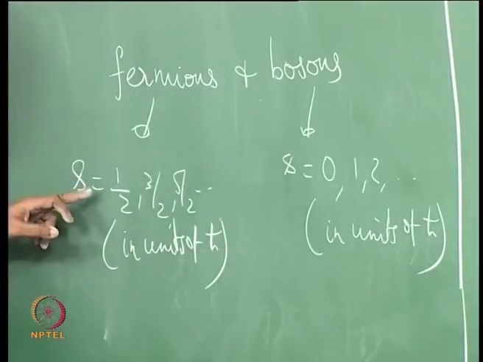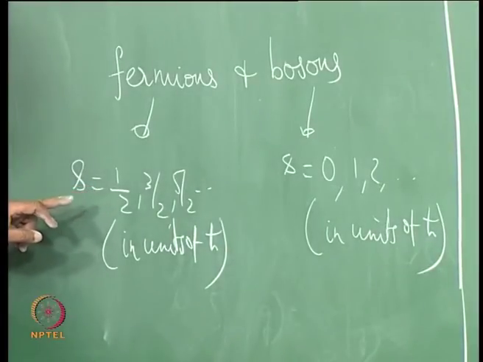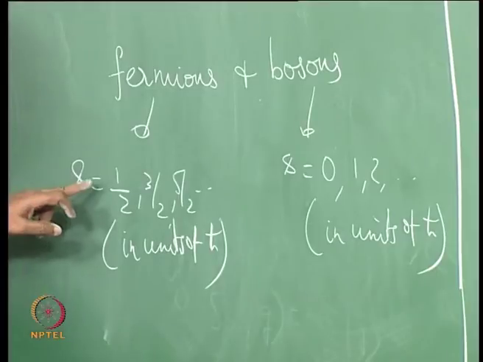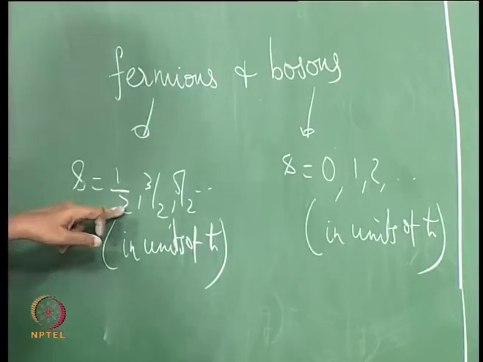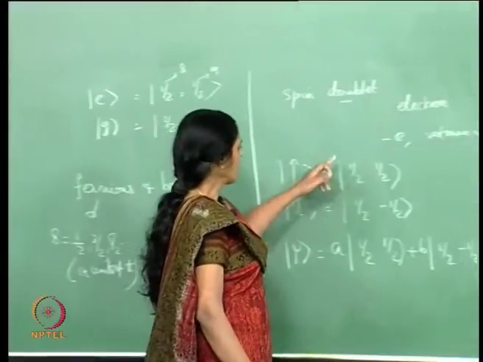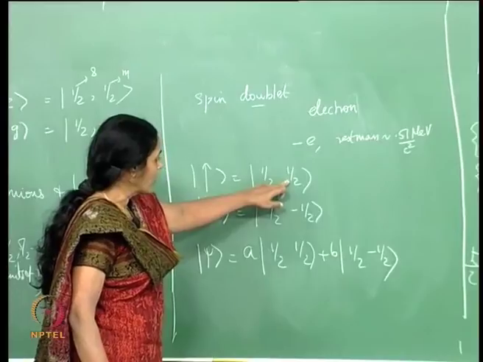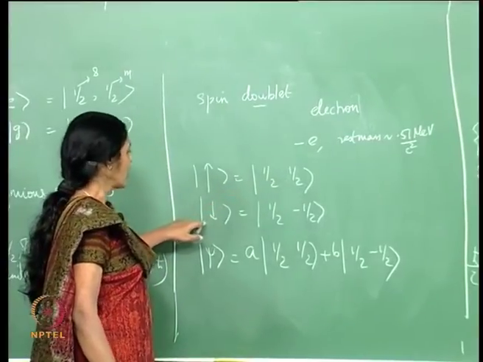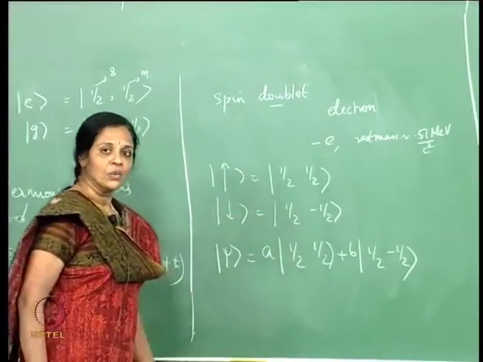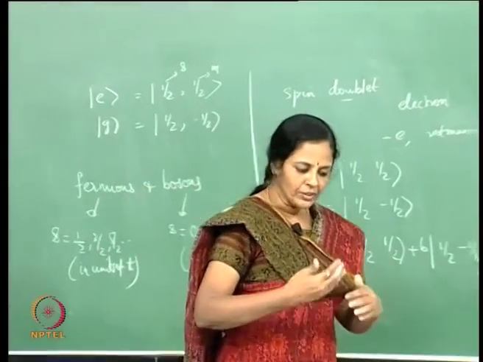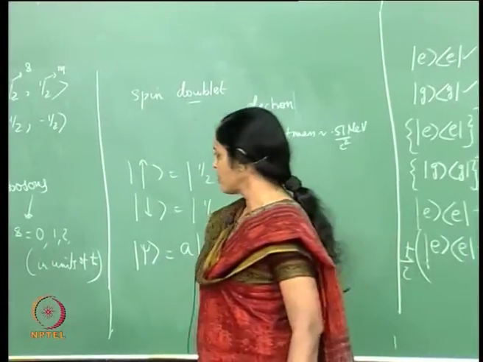What I have spoken about in the context of the two-dimensional linear vector space is the physical system with s equal to half, which could live in the up state, which means m is equal to half, that is the eigenvalue corresponding to sz, or in the down state where m is equal to minus half, which is the eigenvalue corresponding to sz in the down state of the electron.